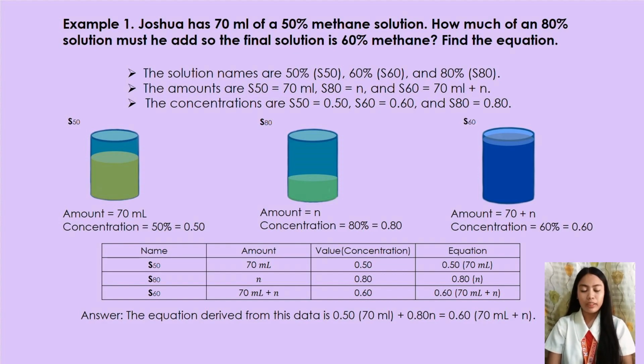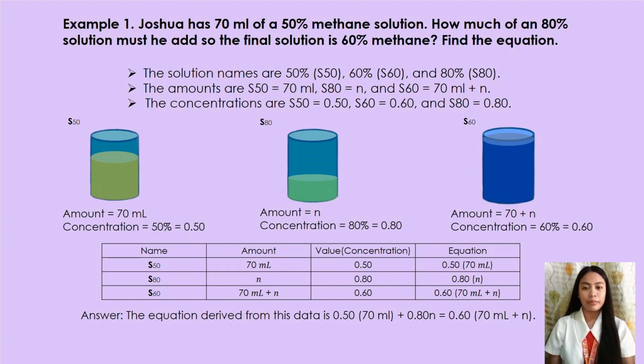So 70 ml times 0.50 equals 0.50 times 70 ml, and N times 0.80 equals 0.80 times N. 70 ml plus N times 0.60 equals 0.60 times 70 ml plus N. Therefore, the equation derived from this data is 0.50 times 70 ml plus 0.80N equals 0.60 times 70 ml plus N.